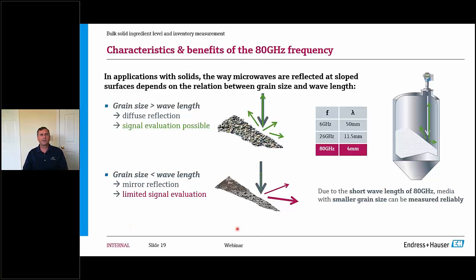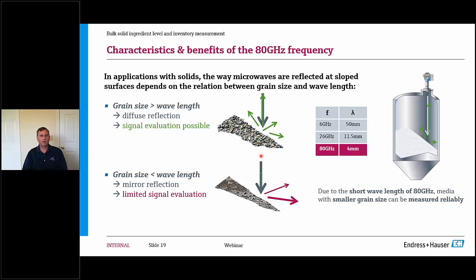Something that the 80 gigahertz also allowed us to do comes from plain physics, looking at the wavelength itself. If you think about the wavelength coming down from a microwave or an ultrasonic signal, you're going to have a certain wavelength.